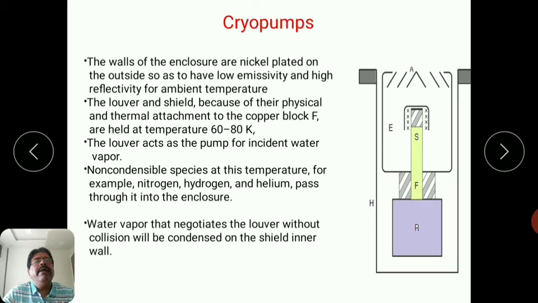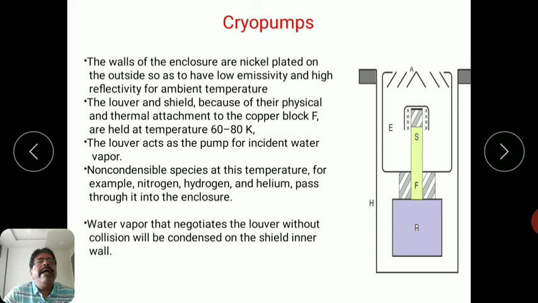The louver and the shield, because of their physical and thermal attachment to the copper block F, are attached with this copper block F. This louver is represented by A, and this is a shield here. You can see the outer shield here. There is also a shield here. These are attached with this copper block F.